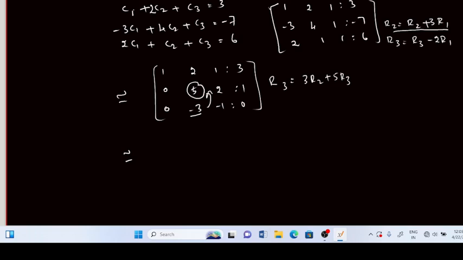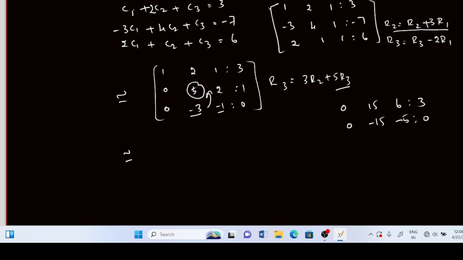Second row multiplied by 3: 0, 15, 6, 3. R3 multiplied by 5: 0, minus 15, minus 5, 0.